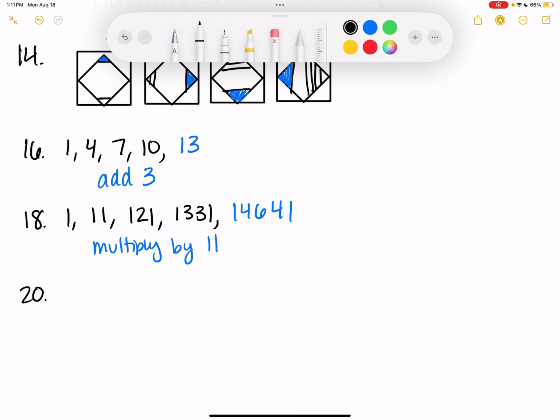20: 7, 9, 13, 19, 27. It's like plus 2, and then plus 4, and then plus 6, and then plus 8. So plus 2 more onto the addition every single time.